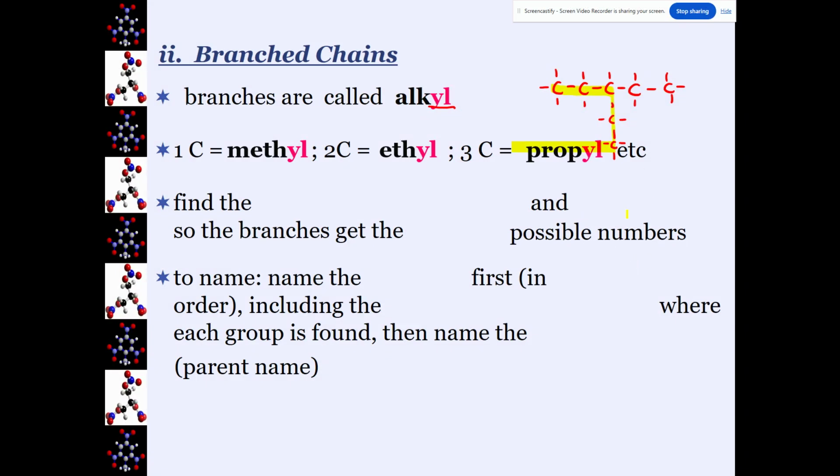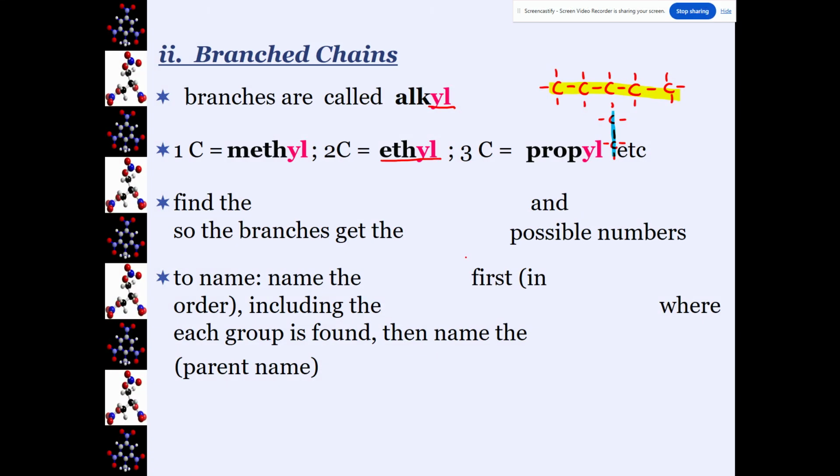It's the same thing. So either way, you're going to get the same answer: the longest continuous chain is your parent, and then the other carbons that are coming off of the middle of the chain are a branch. So that is a branch that has 2 carbons in it. Okay, so a 2 carbon branch again is called an ethyl branch.